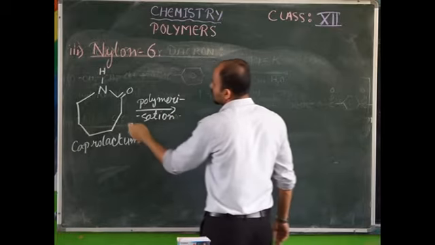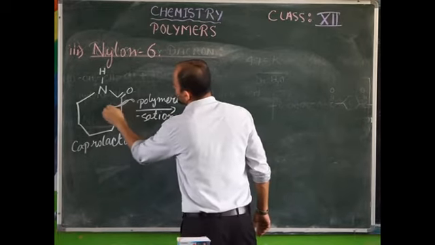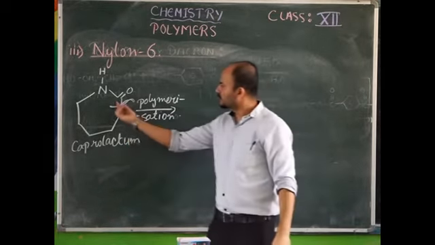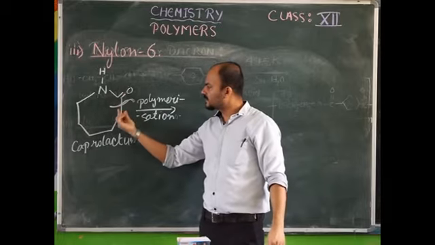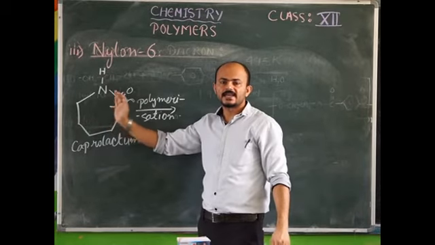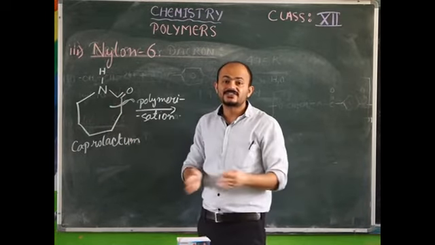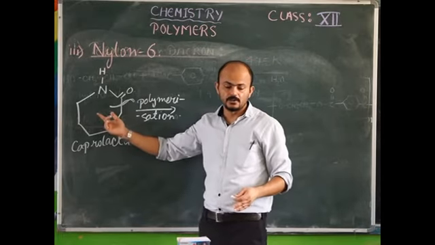Now, whenever polymerization takes place, the bond between the carbon containing C double bond O and this carbon gets broken. As a result, we have a chain form, no more ring form in the polymeric form.